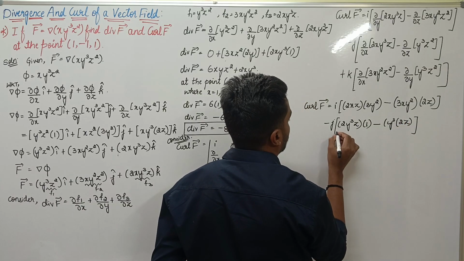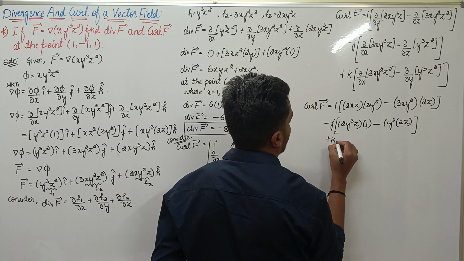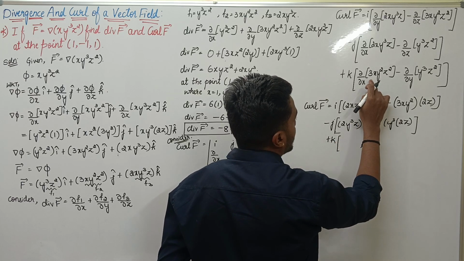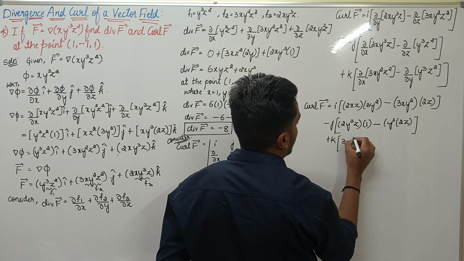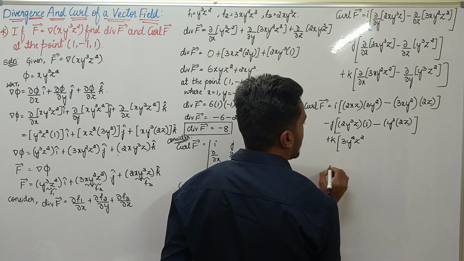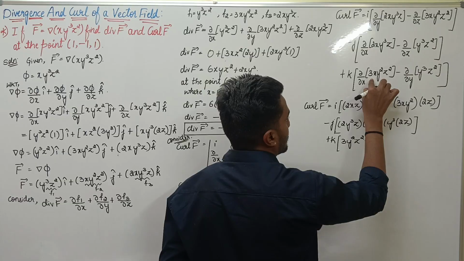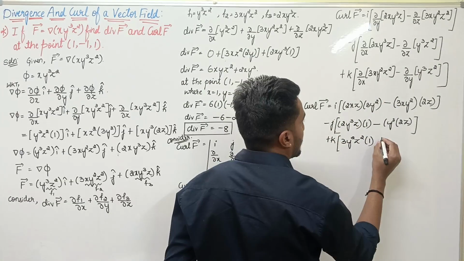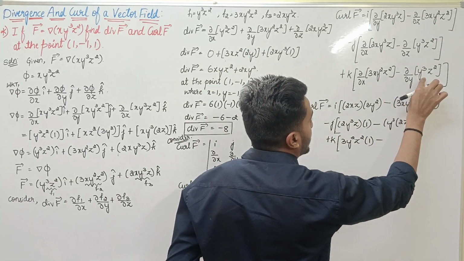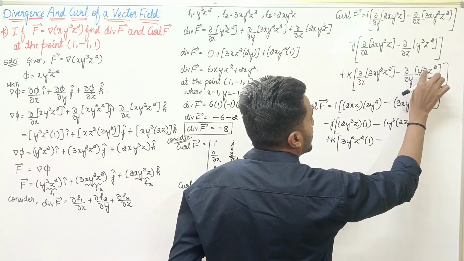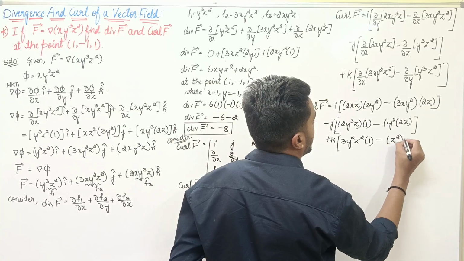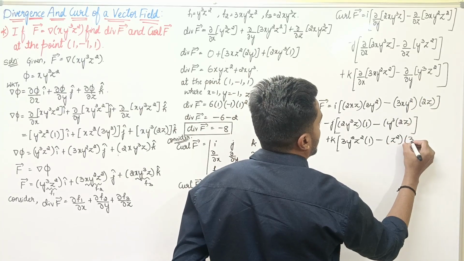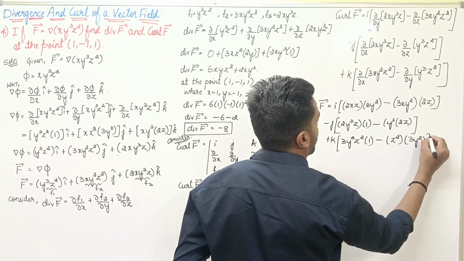Last, plus k into, differentiating with respect to x, 3y²z² remains constant into differentiation of x is 1, minus, now differentiating with respect to y, I have y³, z² remains constant into differentiation of y³ is 3y².